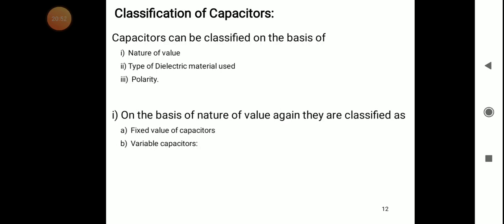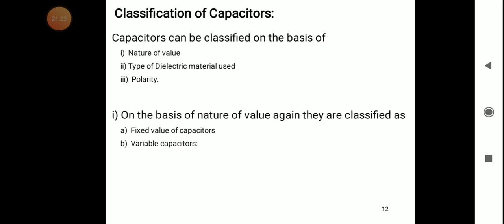Next, nature of value. On the basis of nature of value, capacitors are classified as fixed value capacitors and variable capacitors. I already mentioned that nature of value means what type of values those capacitors possess, whether the values are constant or changeable.